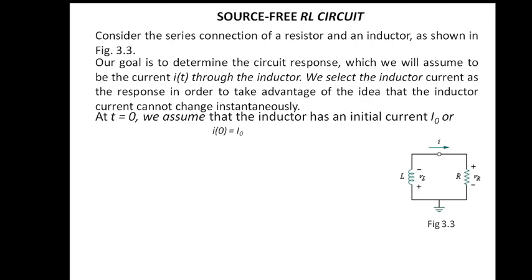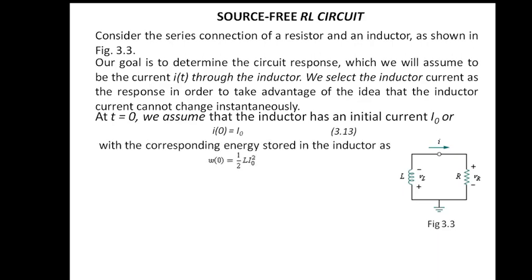If it is a capacitor, it stores energy in an electric field. So how much energy here? w of 0 equals half L into I naught squared. That is the energy stored in the inductor. Just keep this in mind.